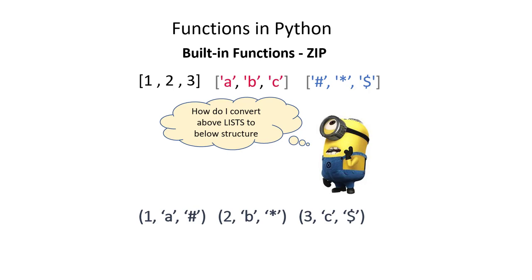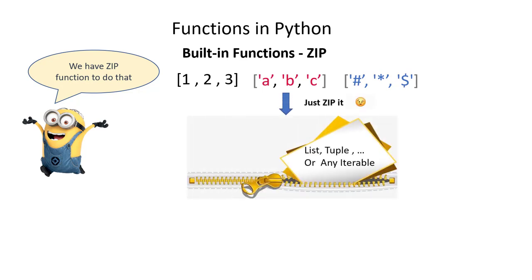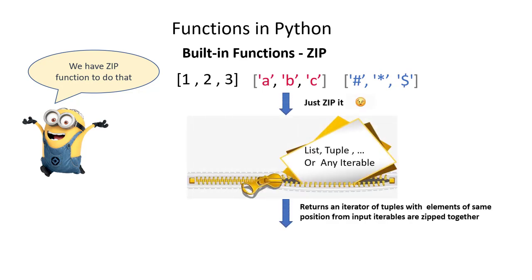Now, how do we do this in Python? Is there something specifically present in Python to achieve this? Yes, we have the zip function to do that. What is this zip function going to do? If we just zip it via our zip function, all it is going to do is return an iterator of tuples with elements of the same position, meaning the first elements from each of these lists will be picked up and zipped together in the form of a tuple.